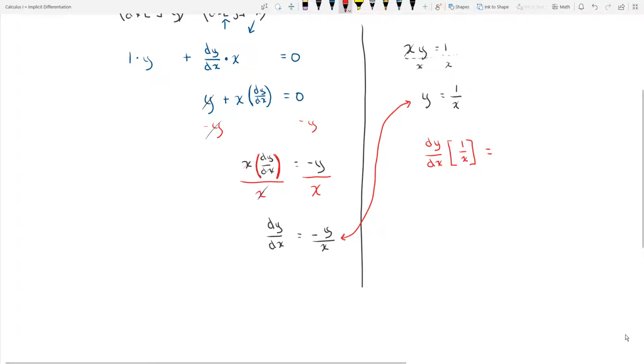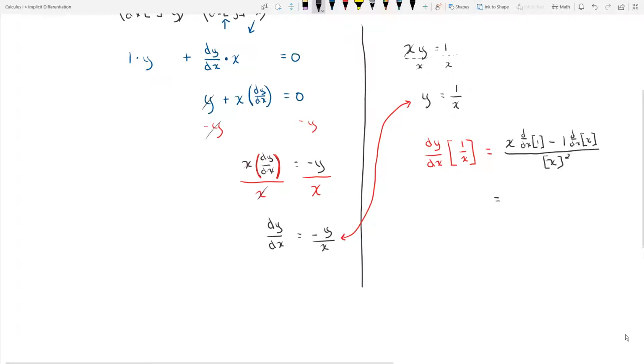And then we would use the quotient rule: x times the derivative of 1, minus 1 times the derivative with respect to x of x, all of that over x, and of course, this is x squared.